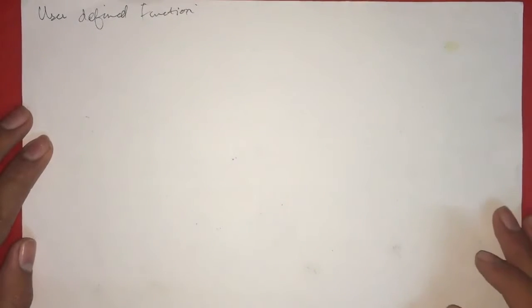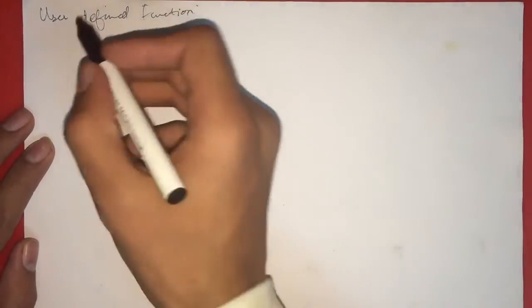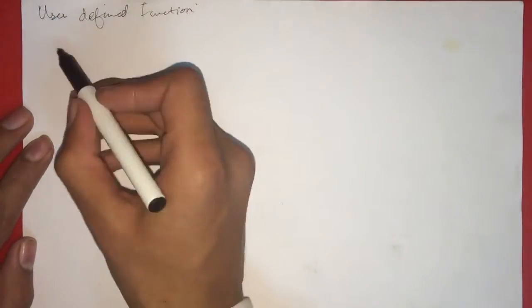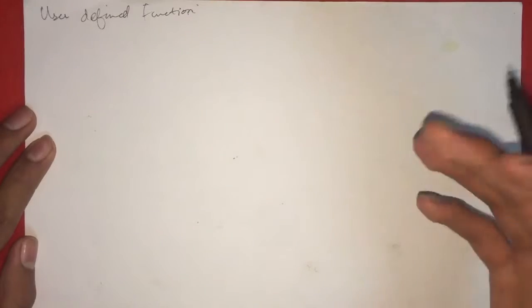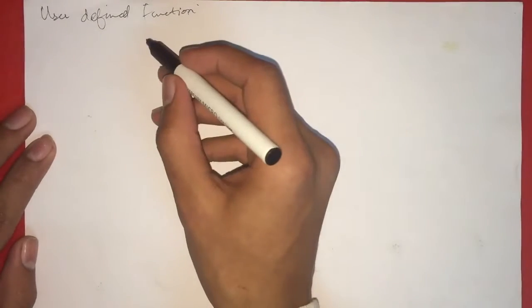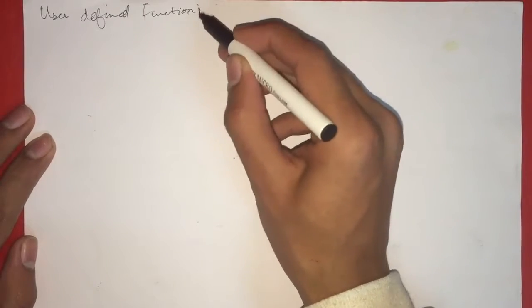Yesterday we learned about predefined functions, whose code is pre-written, but today we are learning about user-defined functions. User-defined functions are the functions which you make custom to help you achieve some task in your program.